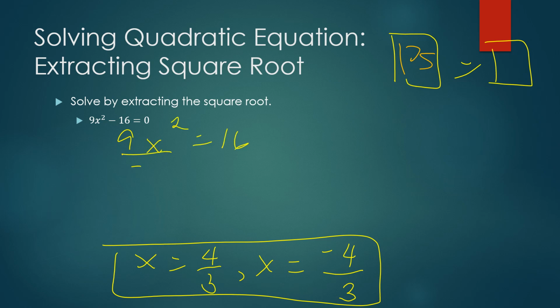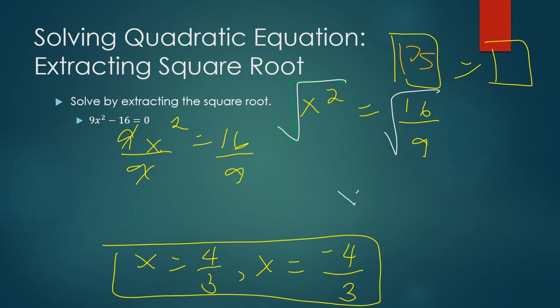If we divide both sides by 9, we will have x squared equals 16 over 9. And then we now get the root of this. Square root of x squared is x. Square root of 16 over 9 is 4 over 3. And then there are two roots: the positive root and the negative root.